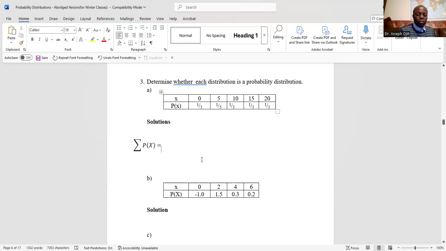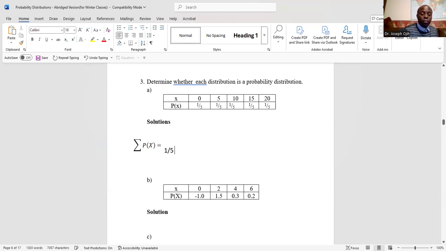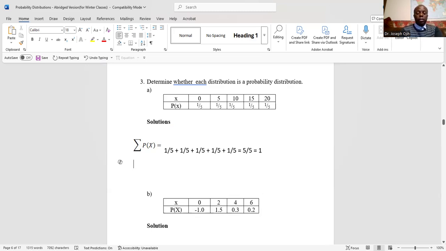So add all the P(x): 1/5 plus 1/5 plus 1/5 plus 1/5 plus 1/5. How many of them? 1, 2, 3, 4, 5. That gives us 5/5, which is 1.